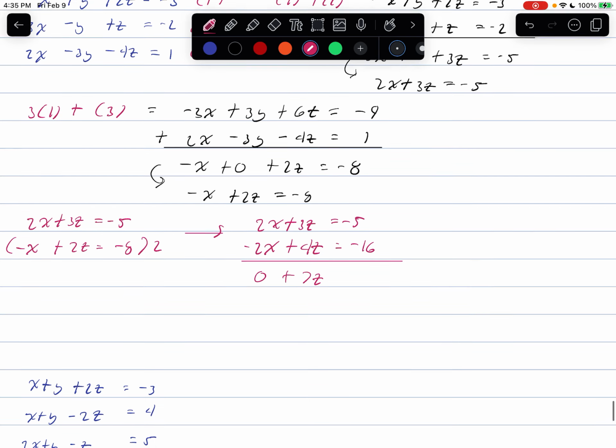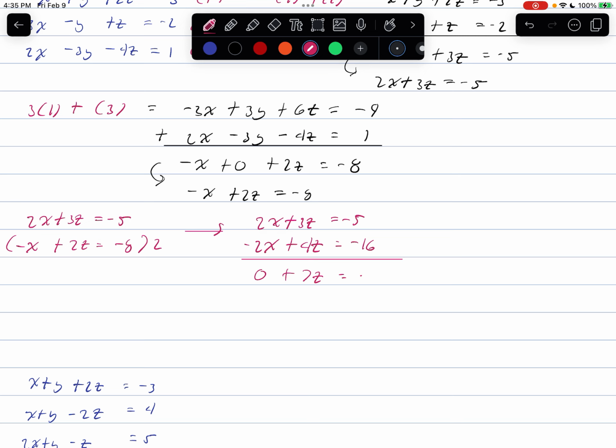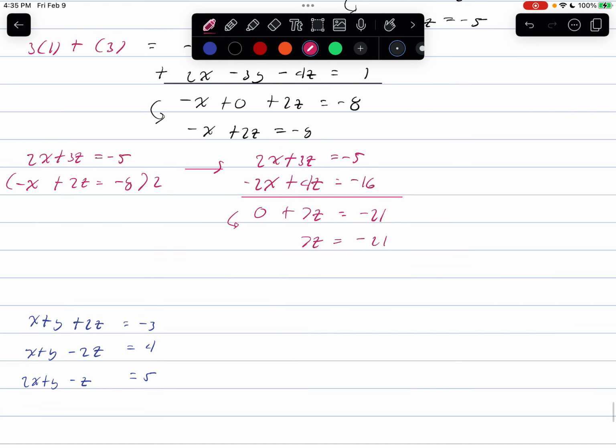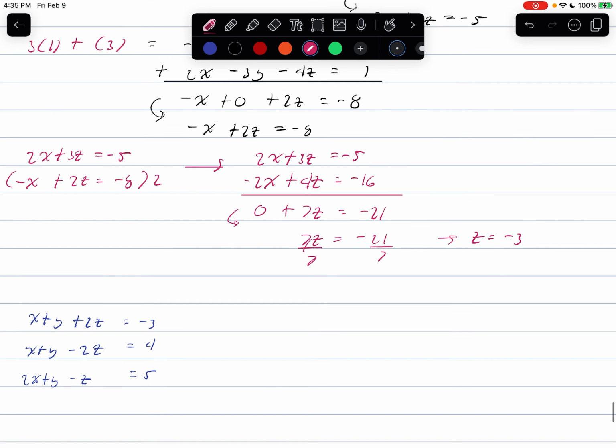And negative 5 plus negative 16 is going to give us negative 21. So this is going to become 7z is equal to negative 21. Okay, so we can divide both sides by 7, and we'll get that z is equal to negative 3.